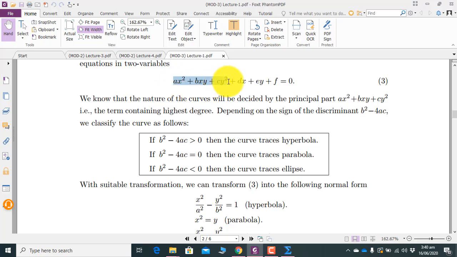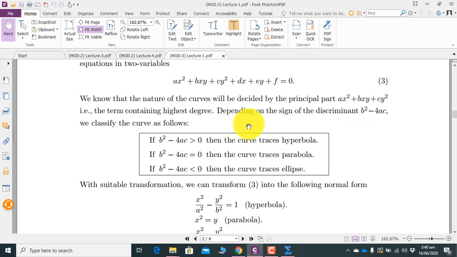From the classical conic section you must understand that the behavior of the curves depends upon the discriminant, which was b square minus 4ac. If it is positive, then the curve traces out a hyperbola. If this is equal to 0, then the curve traces out a parabola, and similarly if less than 0, the curve traces out an ellipse, depending upon the sign of the discriminant b square minus 4ac.